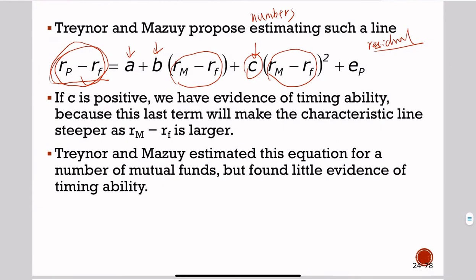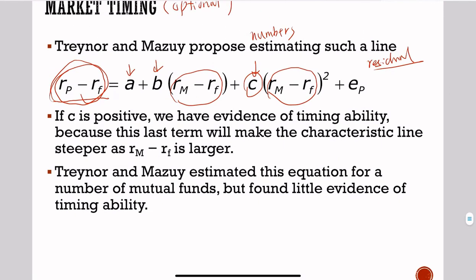And then financial economists use this equation to estimate this C for a number of mutual funds. And then they find out there is very little evidence of market timing ability.